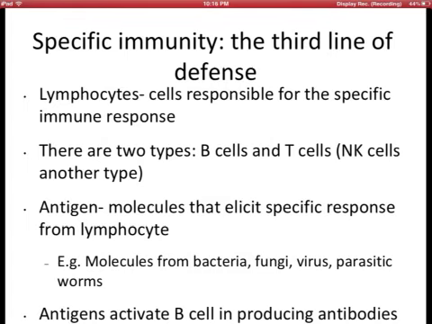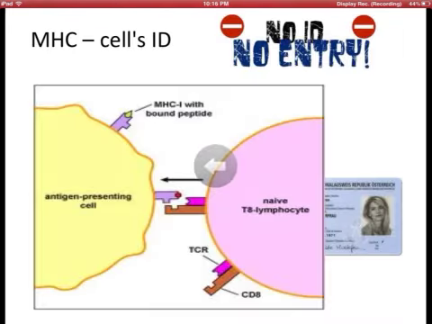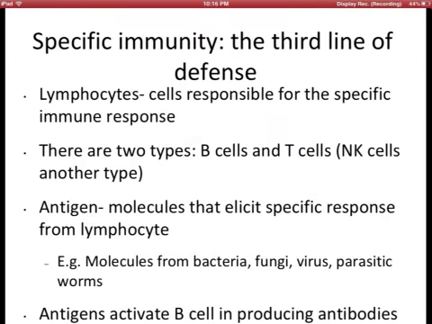Antigens, these are molecules that elicit specific response from lymphocytes. So, for example, yung pinakita ko before, ito, antigen. Kasi they can generate the production of antibodies. So, for example, molecules from bacteria, fungi, virus, parasitic worms. Antigens activate B cells in producing antibodies.